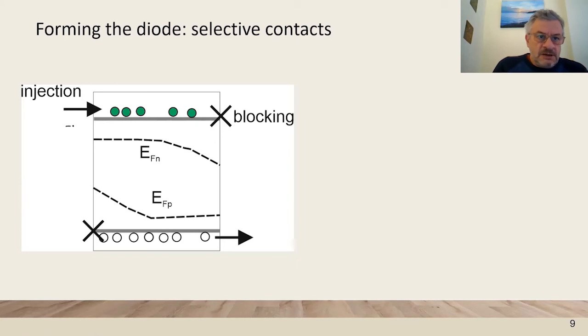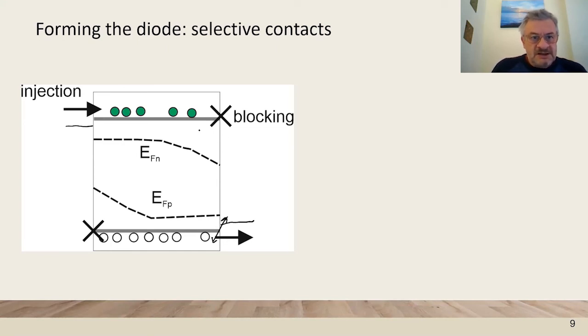Therefore, we need an electron contact that will extract or inject electrons, but will not extract or inject holes. And at the other side, it's the other way around. Here we will need injection or extraction of holes, but blocking of the electrons.